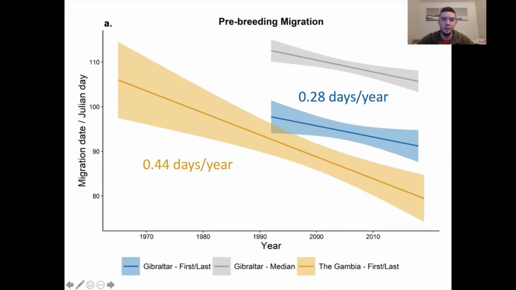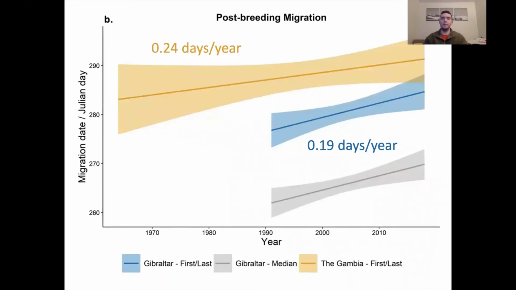And we see that in the Gambia, pre-breeding migration was advancing by almost half a day a year, and by about a third of a day a year in Gibraltar. And conversely, looking at post-breeding migration, so migration in the autumn, we see that it's actually getting later and later each year, as we considered it might do. And these trends were again similar between the Gambia and Gibraltar.